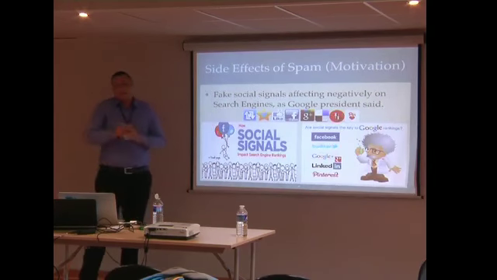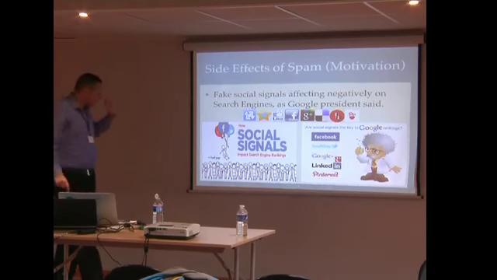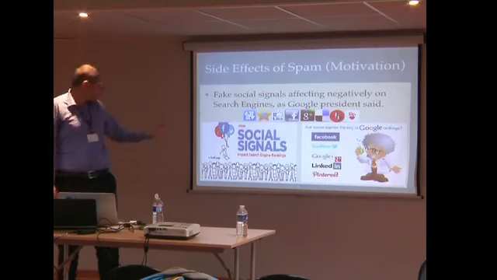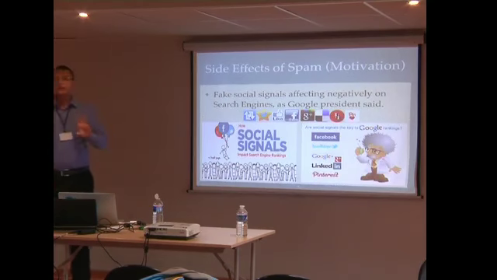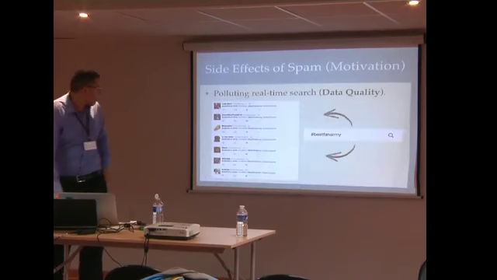So Google till now doesn't say that, okay, we use social signals in ranking the documents. So the current research is now to see what the effects of these social signals are on ranking in information retrieval.